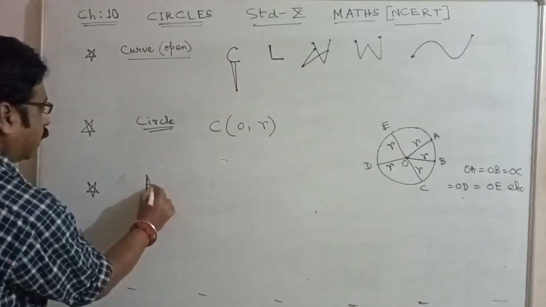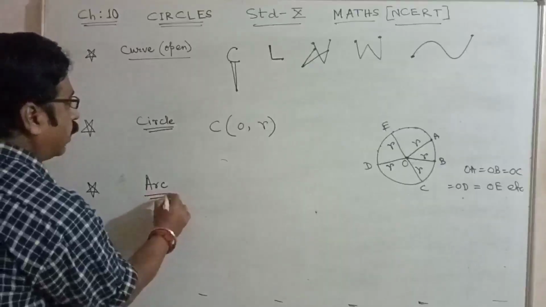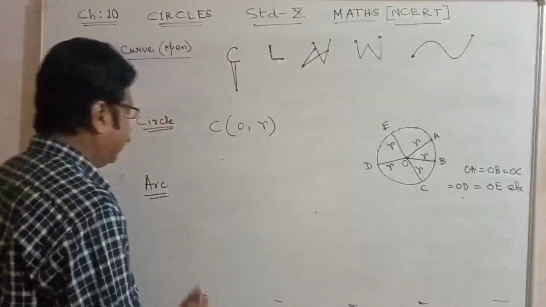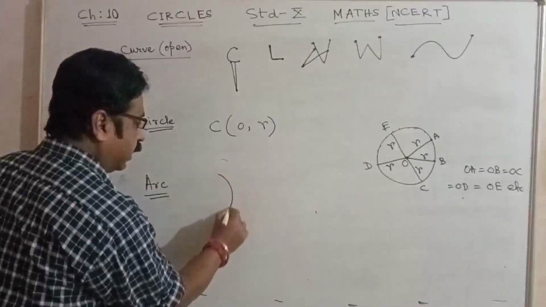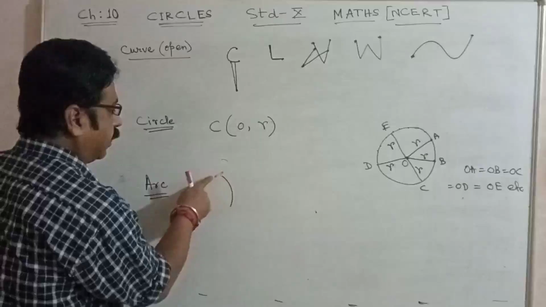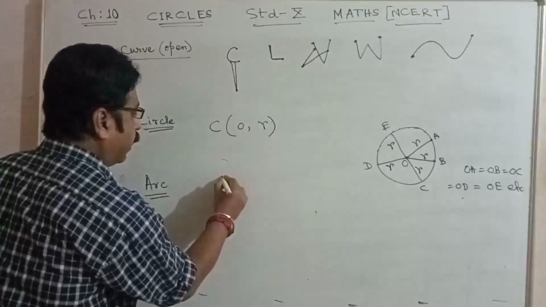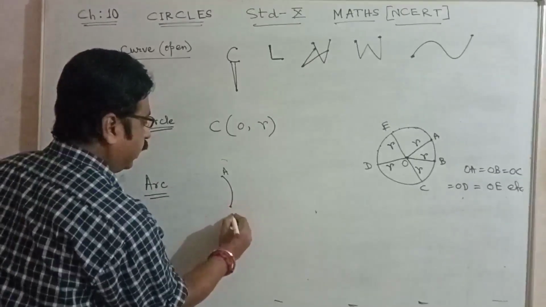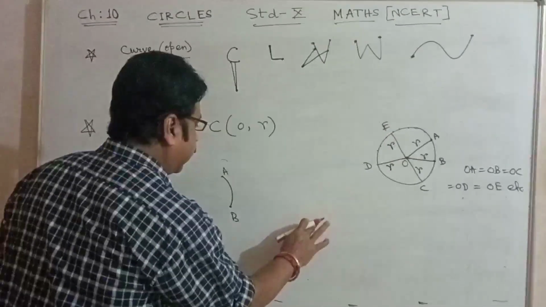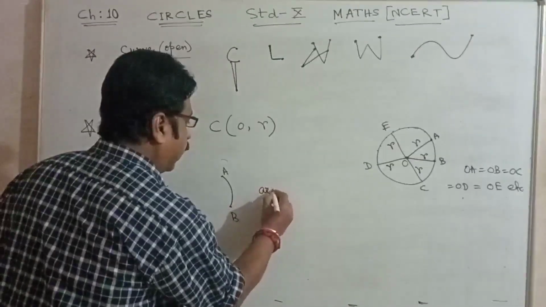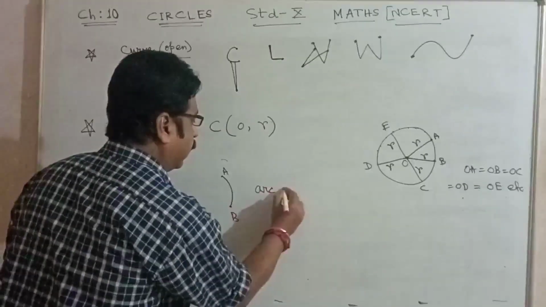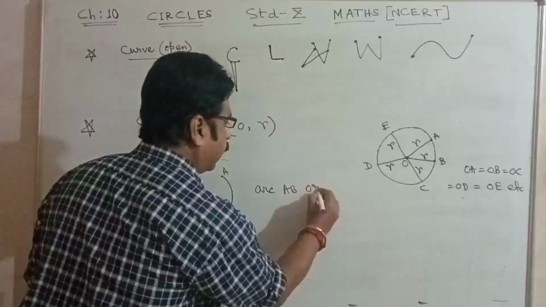Arc. If we take some part of this circle, that will be an arc. Suppose this part AB, suppose this much we have taken. Then points A, B. This AB will be called an arc, and it can be represented as arc AB.